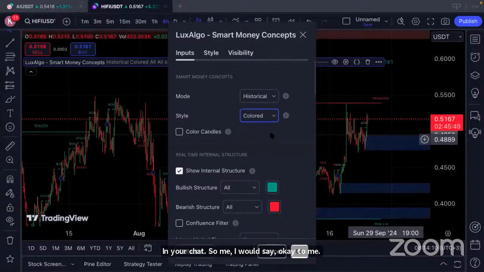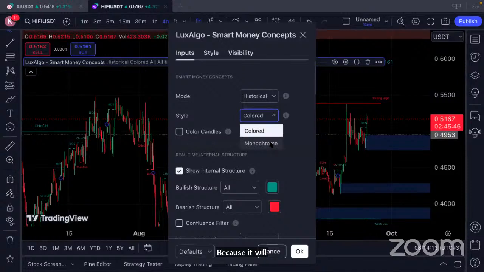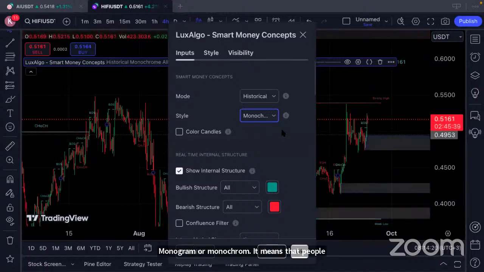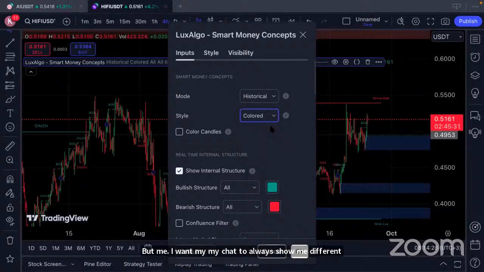If you want to use monochrome, it means that you only want one color. You don't want color changes. But me, I want my chart to always show me different colors depending on which color is representing. But if you don't want colors, then it will not show you. That's the style.